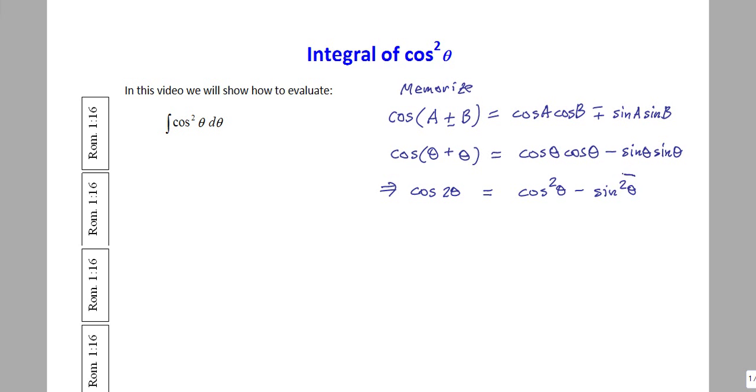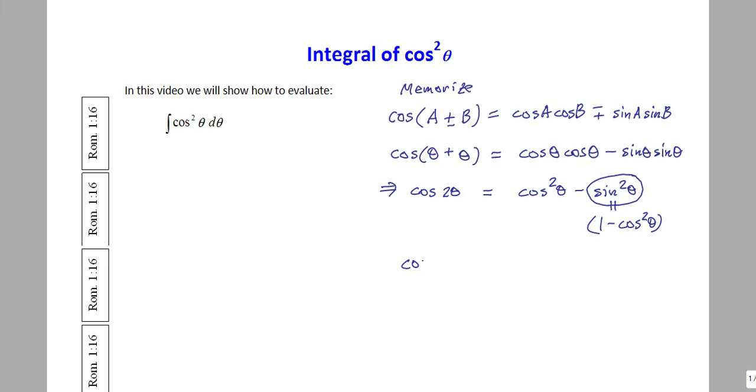And now we will replace the sine squared theta, recognizing that this is nothing other than 1 minus cos squared theta, since the sum of sine squared plus cos squared has to equal 1. That is also a trig identity.